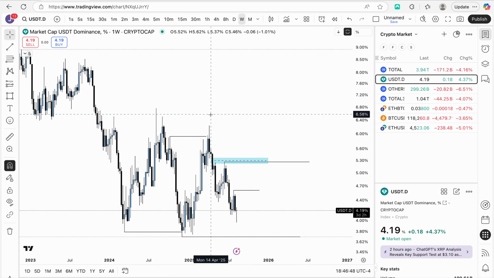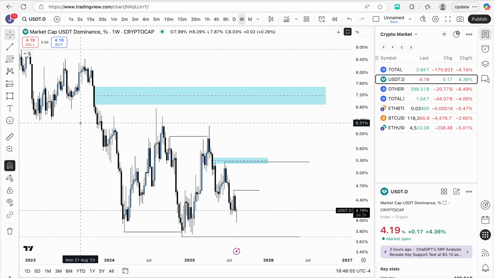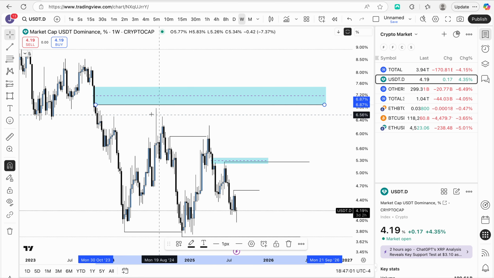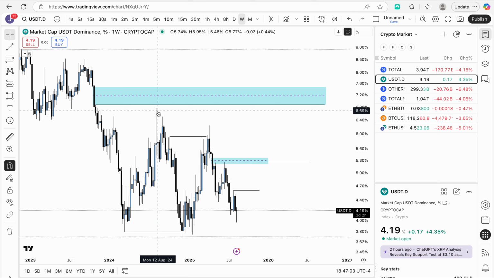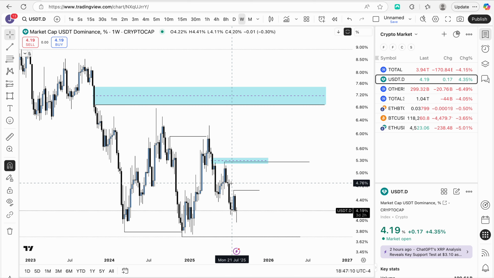The other way too that it could go, and it's a little scary to think about, but it could go up to here, this huge weekly fair value gap, which totally makes sense, because again, this candle was not taken out by this wick. If this wick had gone into there, I'd be more likely to think that we were going to reverse somewhere around here. Now, we still could.